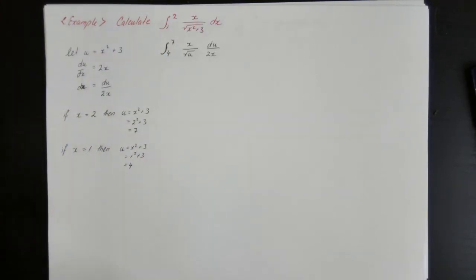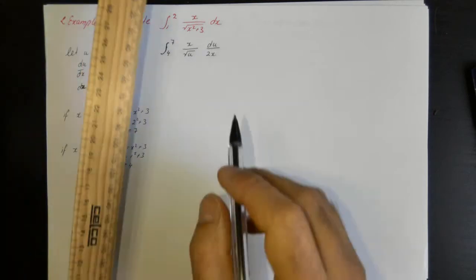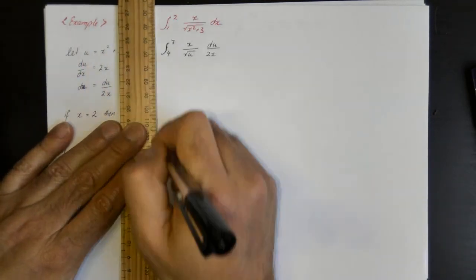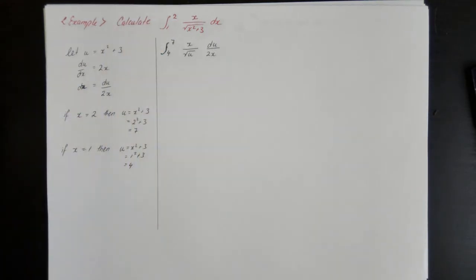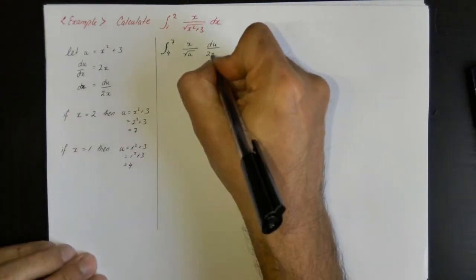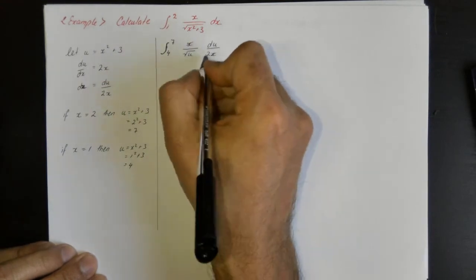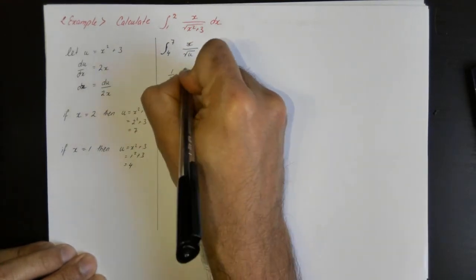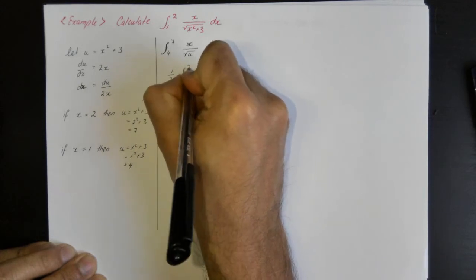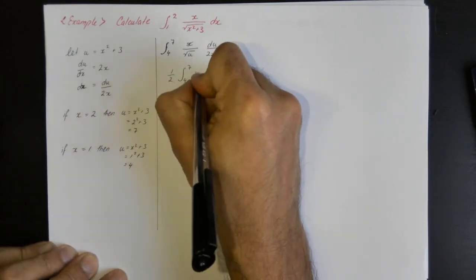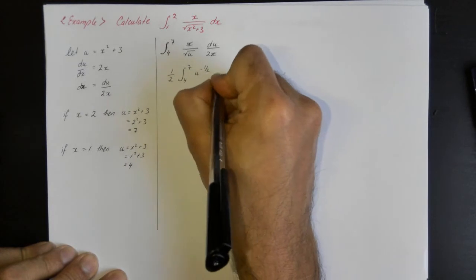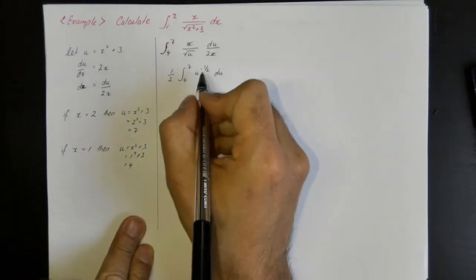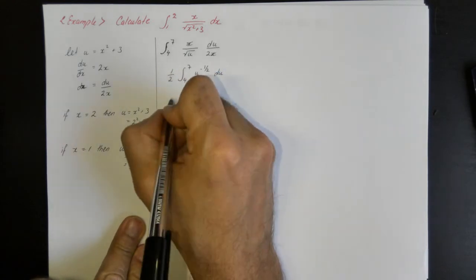So what we're really going to do is integrate from 4 to 7 x over the square root of u du. Now we can cancel out these x's and take out a factor of a half. I can write that as u to the negative a half. If I add 1, that gives me a half.